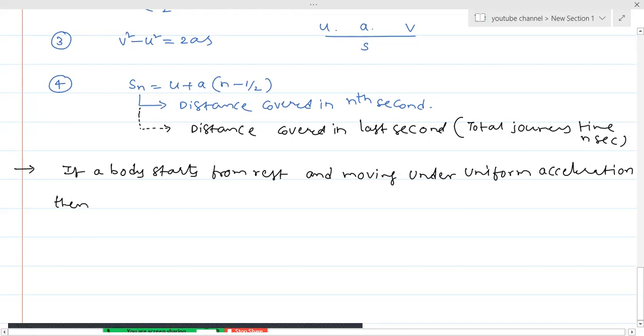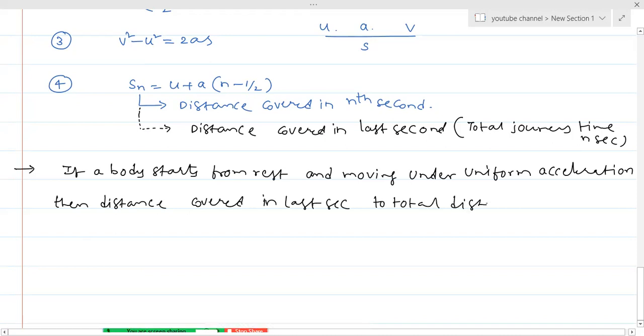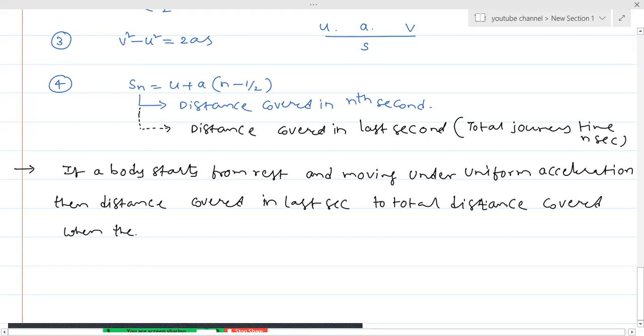Then the distance covered in the last second to the total distance covered, when the body is in journey for n seconds.